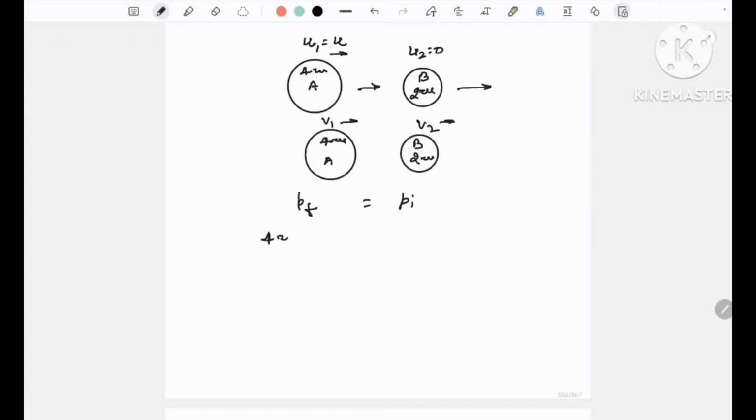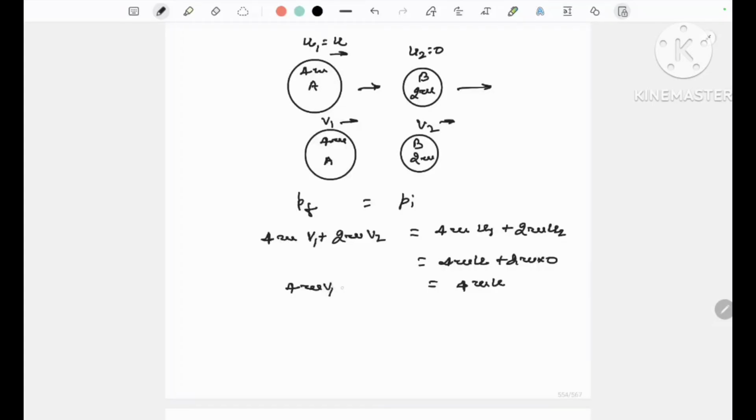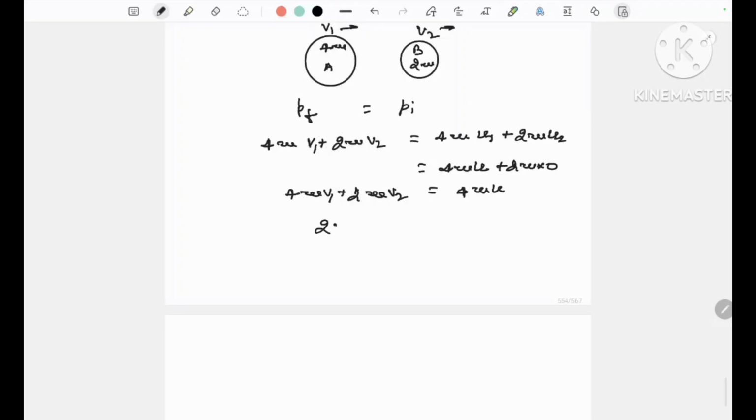Final momentum is 4m v1 plus 2m v2 is equal to initial momentum 4m u1 plus 2m u2, which is 4m u plus 2m into 0, 4m u. So 4m v1 plus 2m v2 equals 4m u. Dividing both sides by 2m, v1 plus v2 is equal to 2u. Equation number 1.